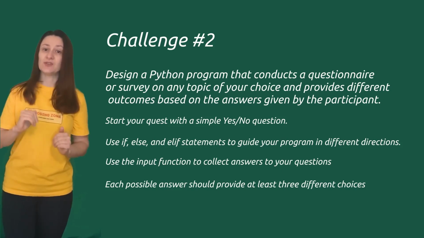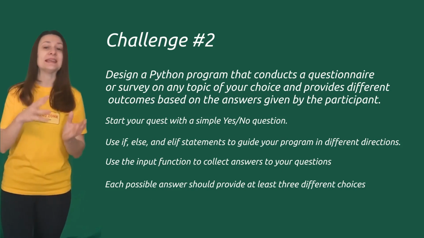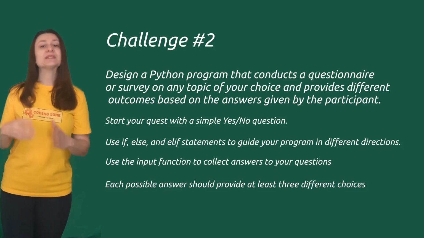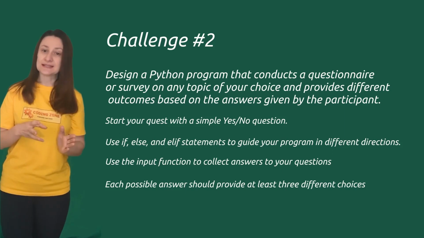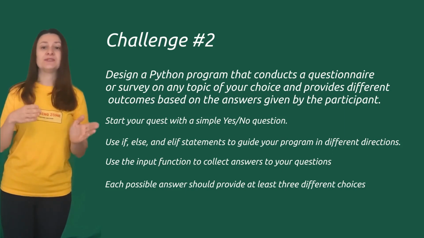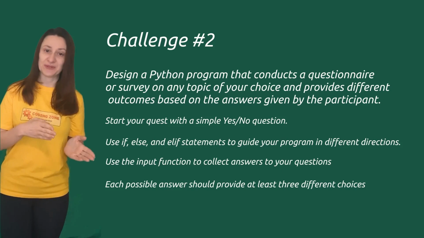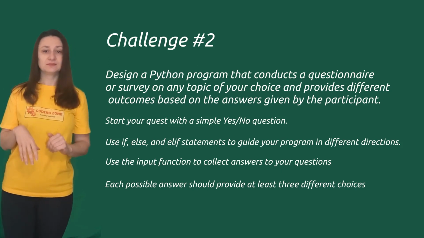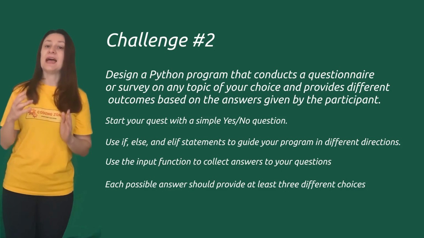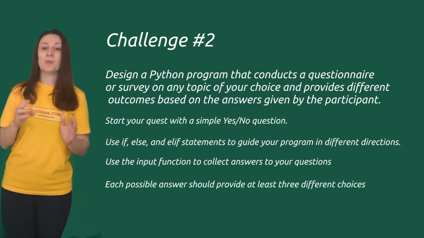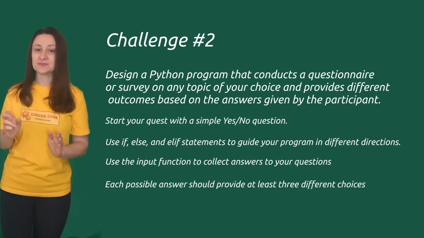In the next level of questions, go beyond this yes or no. Each possible answer should provide at least 3 different choices, similar to what we've done in the restaurant survey example. Your code should have if and else statements to manage multiple paths.